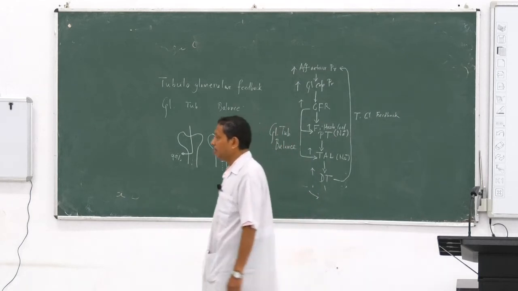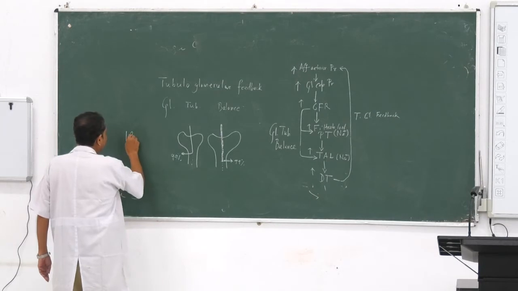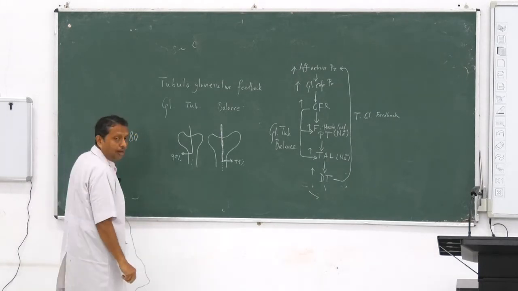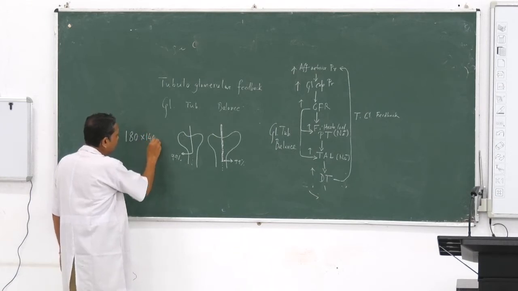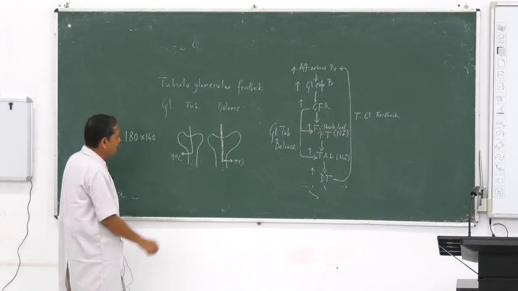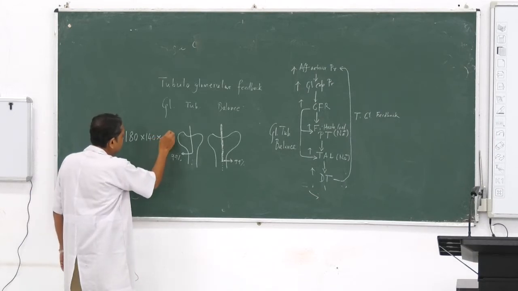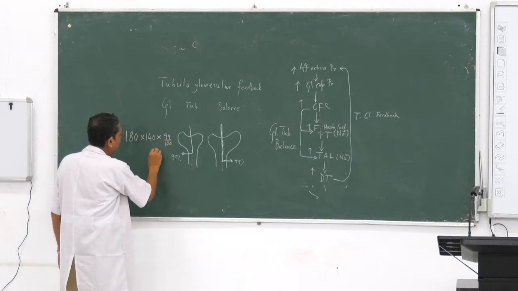Suppose per day, 180 liter GFR multiplied by 140 millimole or milliequivalent of sodium is the filtered load, and 99 by 100 of it is reabsorbed, millimole per day.